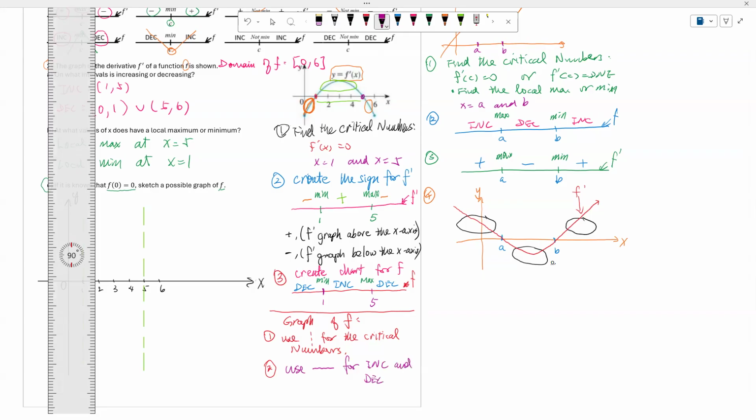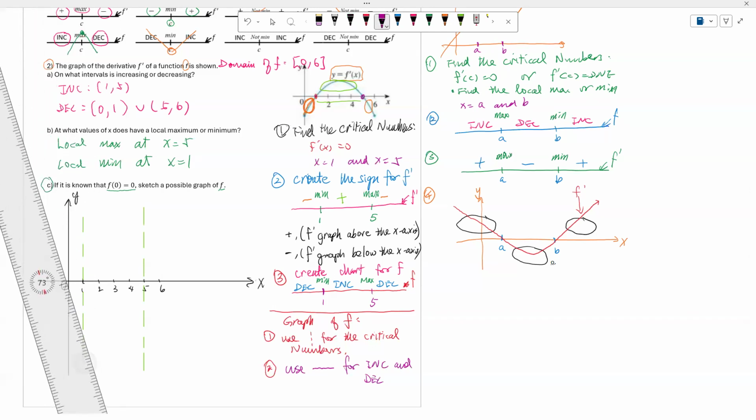Okay, so what does this mean? Now, first of all, you will see that the function basically, we start at 0, right? So meaning the function is decreasing first, okay?